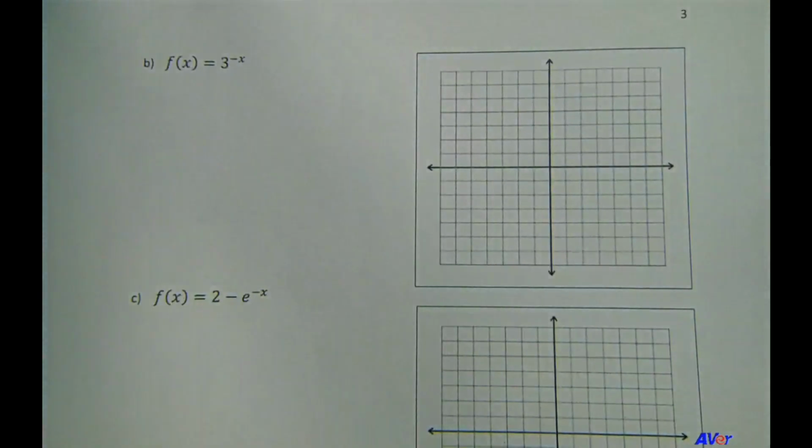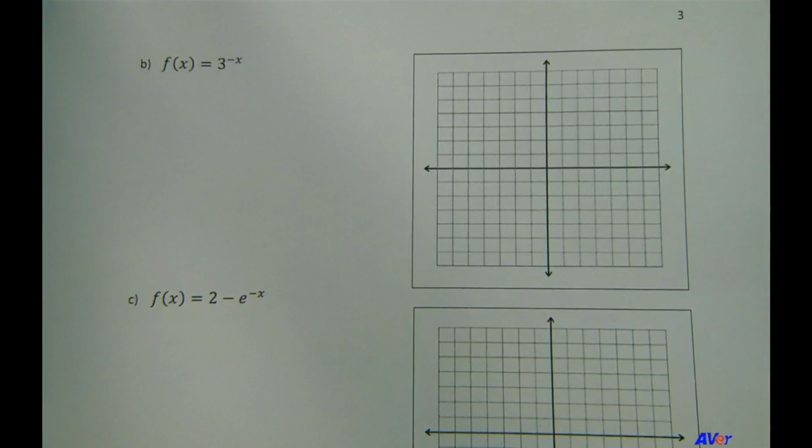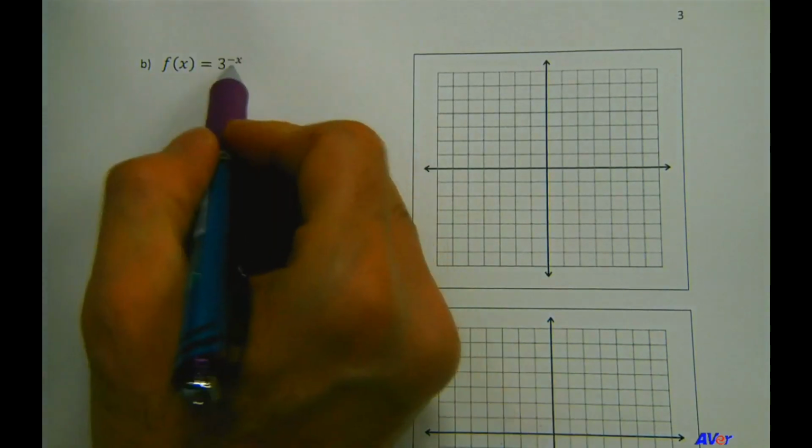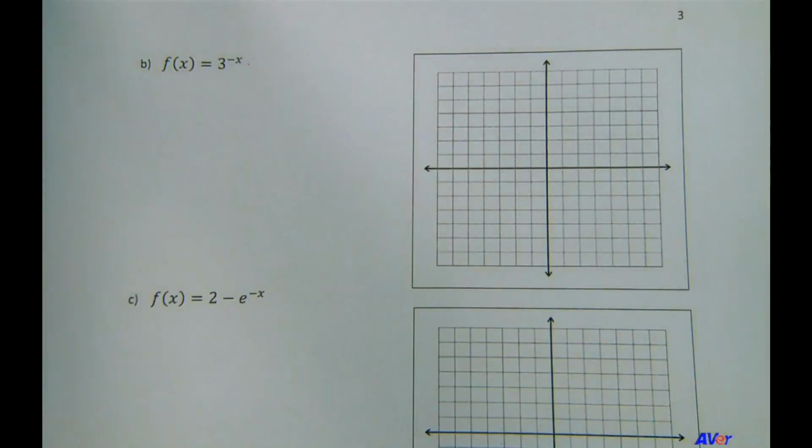Then we have this function to graph. Here something interesting happens, because the power of the exponential function has a minus in front of it. So what do you think that will do to the graph of the function? Think about it before we actually do this.